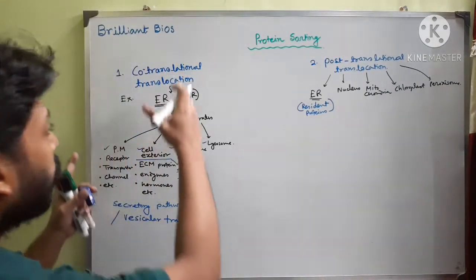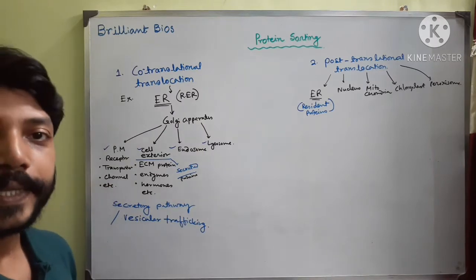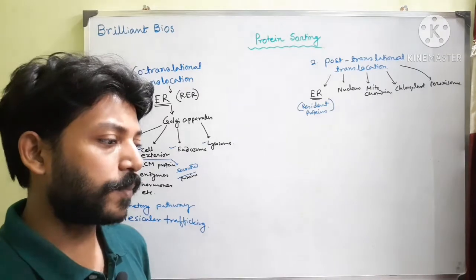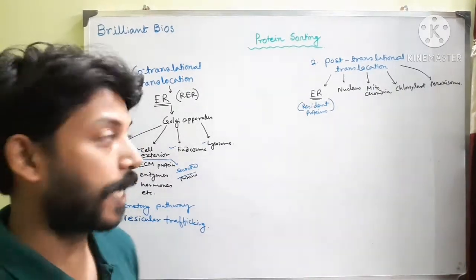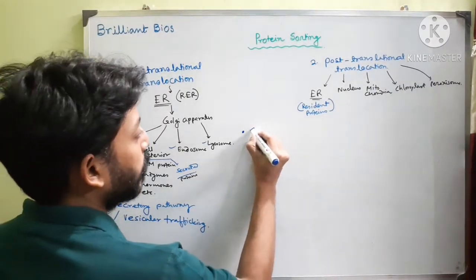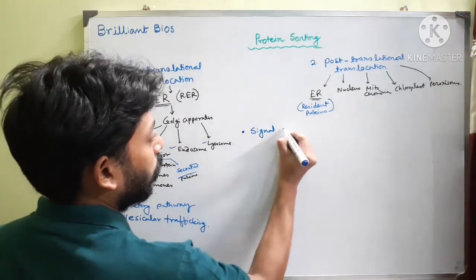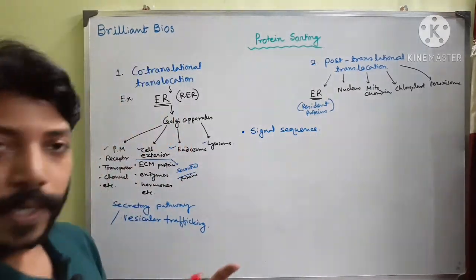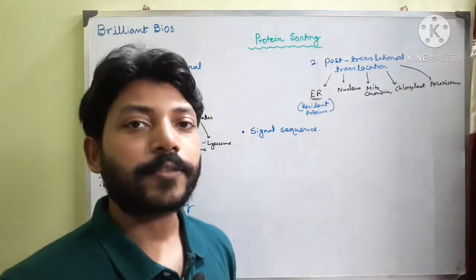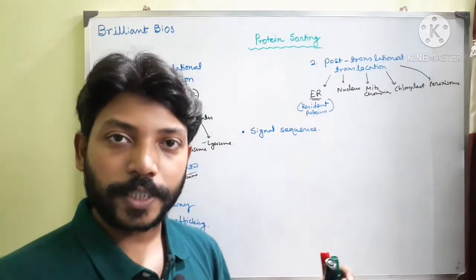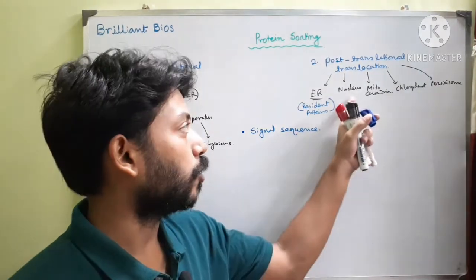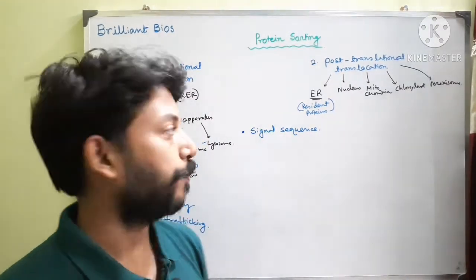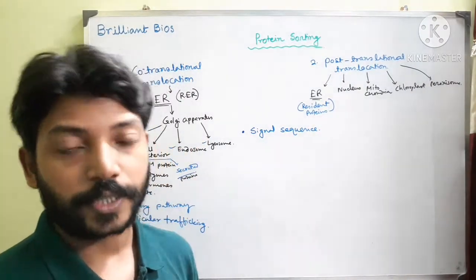The secretory proteins have a specific signature, which we call a signal sequence. Another thing is, for post-translational translocations, if the proteins should enter the nucleus, mitochondria, chloroplast or peroxisomes, they also should have some signal sequence. So the signal sequence is very important.